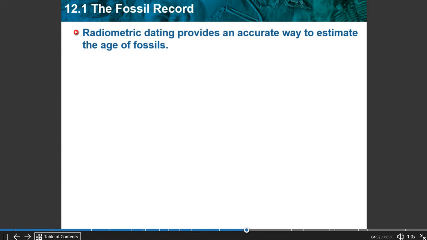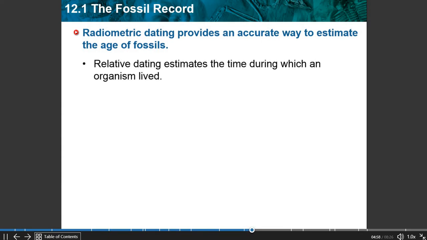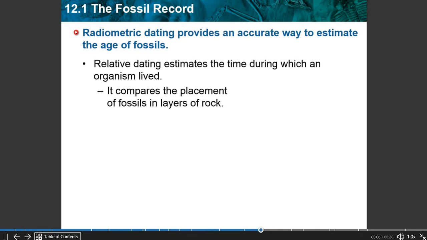One way that they try to figure out how old something is is by using radiometric dating, as opposed to relative dating. Relative dating estimates the time during which an organism lived by looking at the rock layers, seeing how far down in the soil it was.